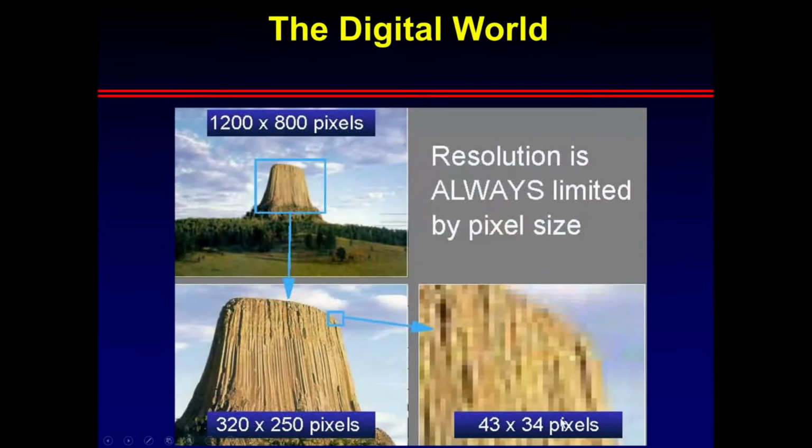We also have this thing called image resolution. And image resolution is really dependent on pixels, on the size of pixels and the amount of pixels. So here we have a very high pixel image, 1200 by 800 pixels, okay? And you can see that we have a pretty nice image here. If we go down to here or to here, we see the degradation of the image, okay?